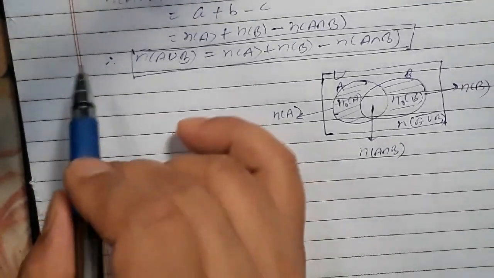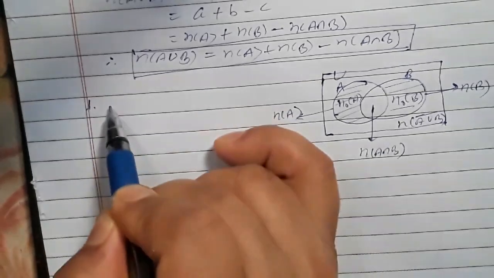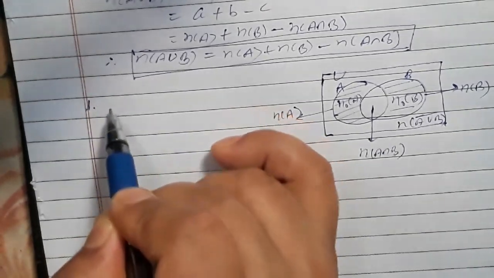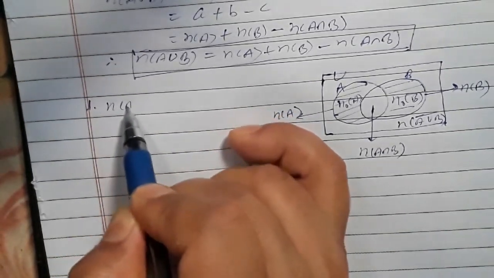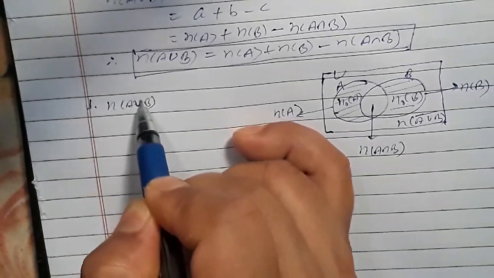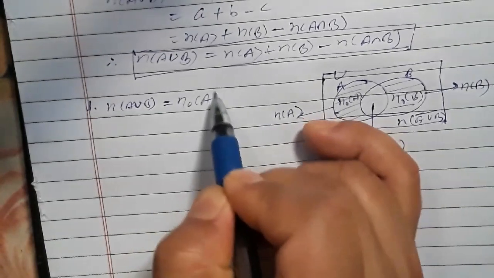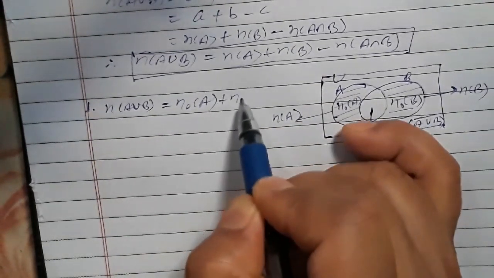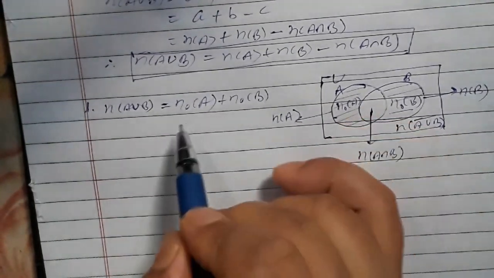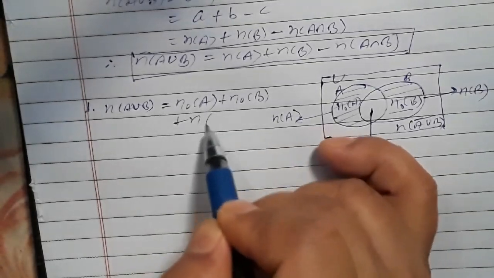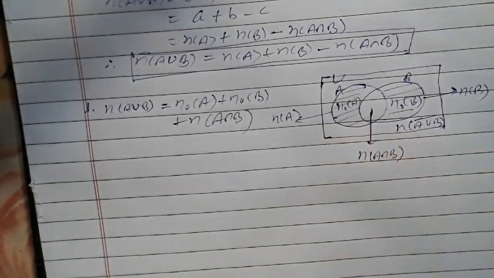So the first formula we can write down here is n of A union B. If we have to write it in terms of only, we can write only A plus only B plus n of A intersection B, right?